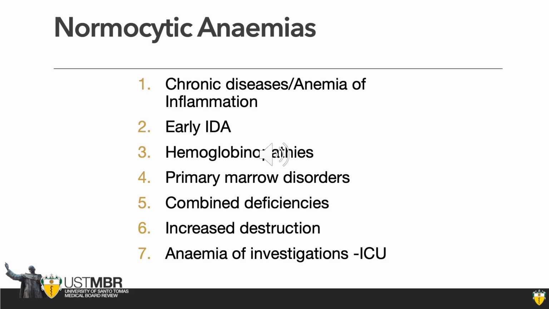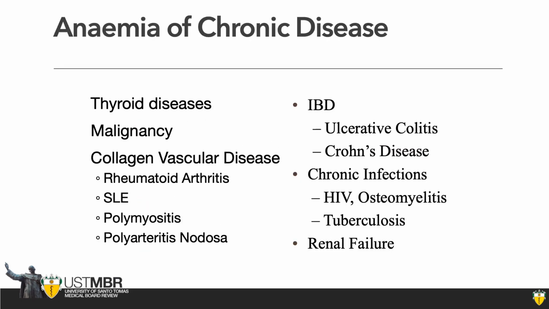Chronic diseases, renal failure, anemia of inflammation, hemoglobinopathies, bone marrow disorders, and combined deficiencies would cause normochromic normocytic anemias. So it really depends on your history and physical examination, on what test will you work up the patient.